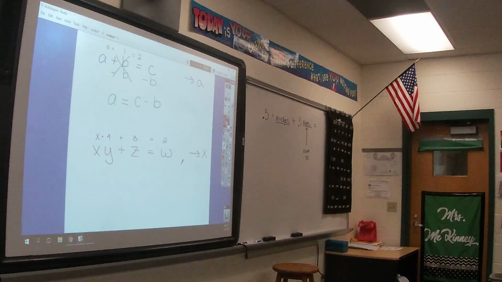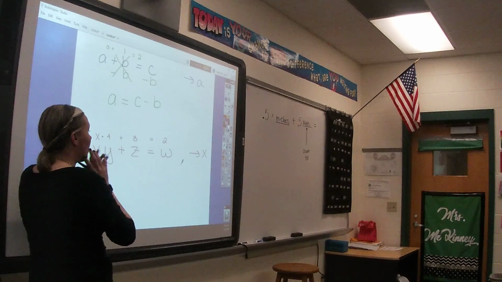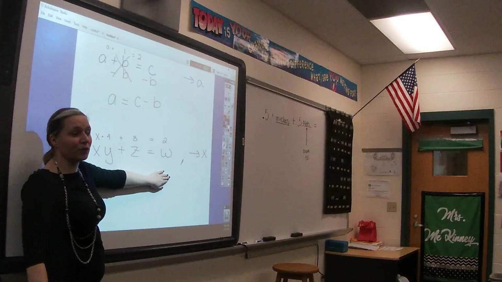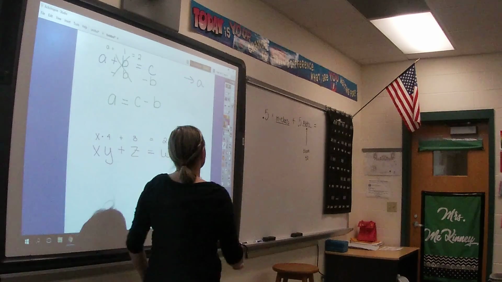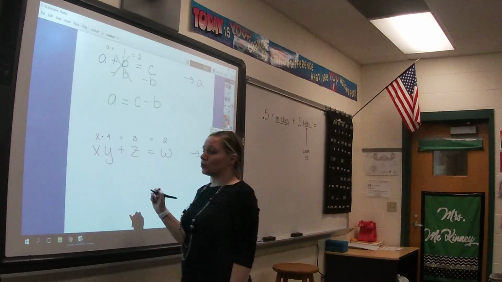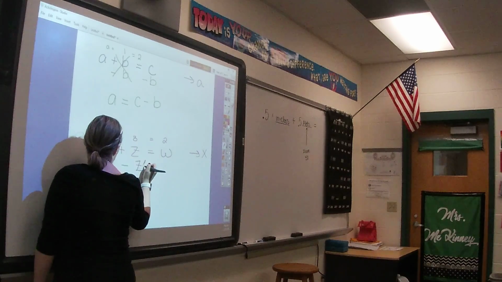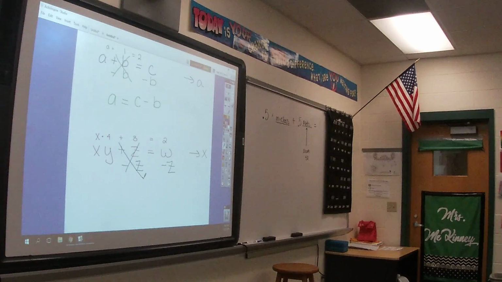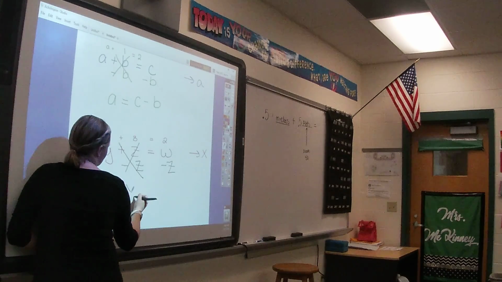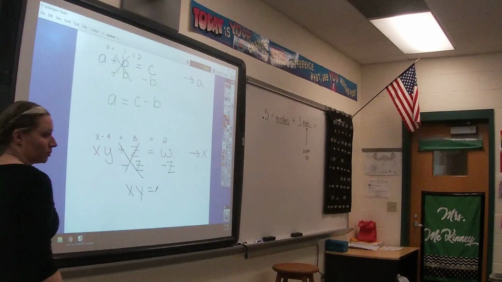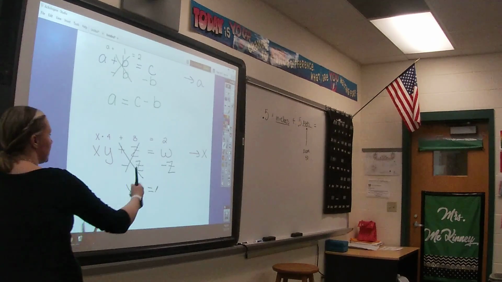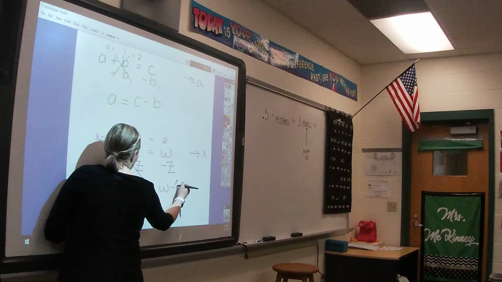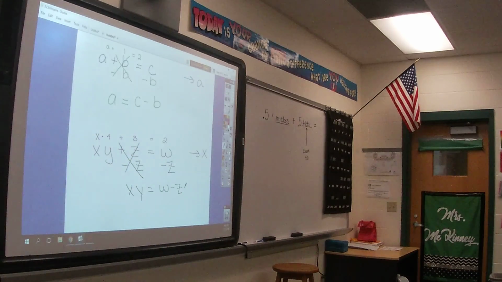What would we move first? Right, we would subtract 3, so what should we do first down here? Subtract Z. So let's subtract a Z. We just write down what we see. We see W minus Z, so I'm going to write down W minus Z. That's it. W minus Z is just W minus Z.